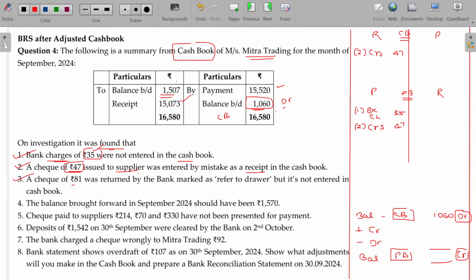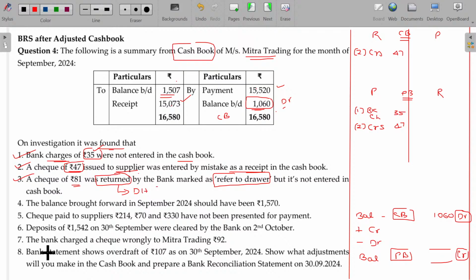A check of 81 was returned by the banker marked as referred to drawer, but it is not entered in the cash book. What does it mean? A check of rupees 81 was returned by the bank marked referred to drawer. Returned, by whatever name, is nothing but dishonor.